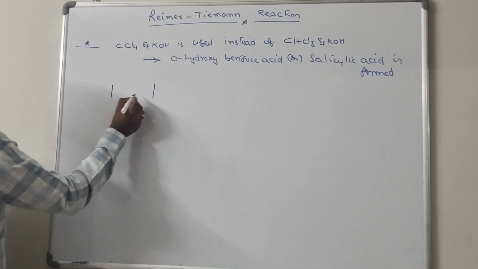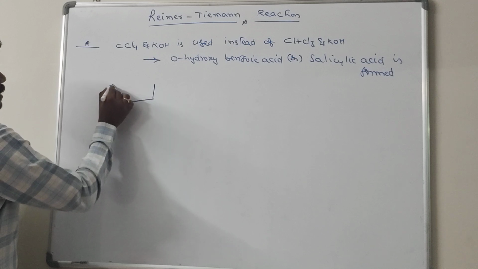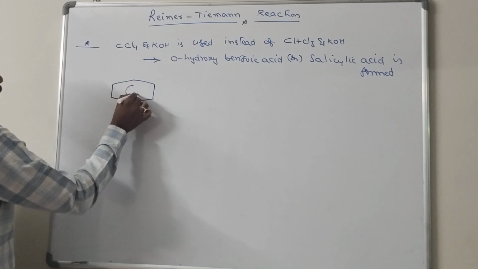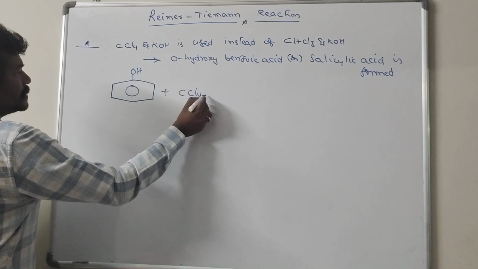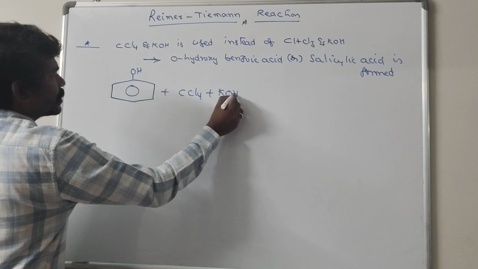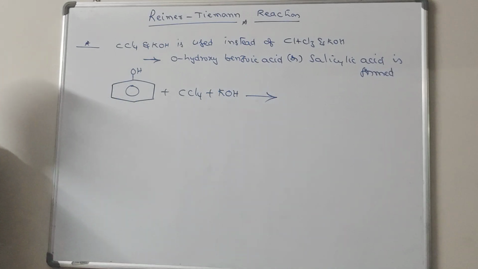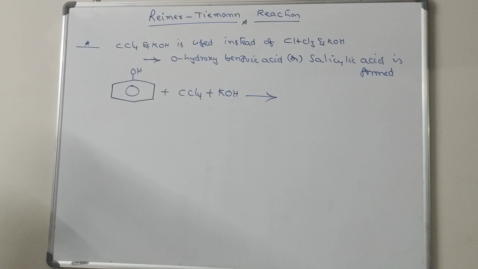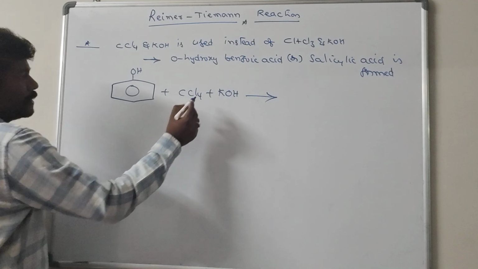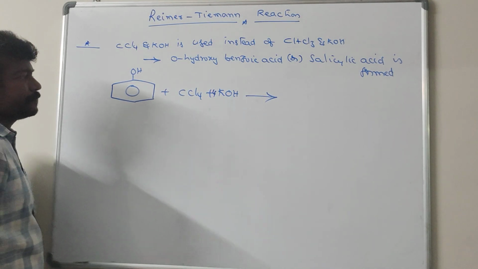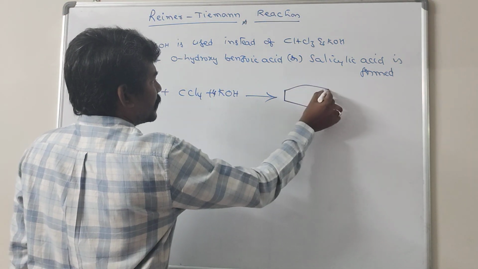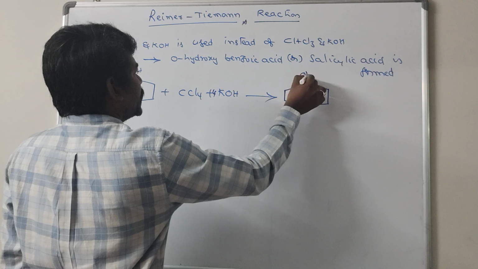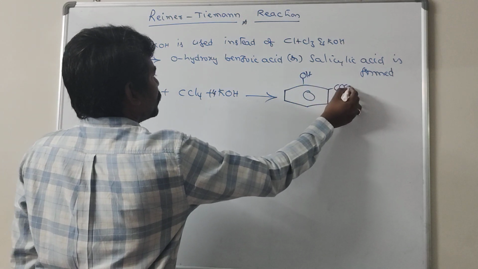Let us see the reaction when phenol reacts with CCl4 and potassium hydroxide, the alkaline CCl4 solution. Here 4 moles of KOH is involved in the reaction. We get OH, COOH.